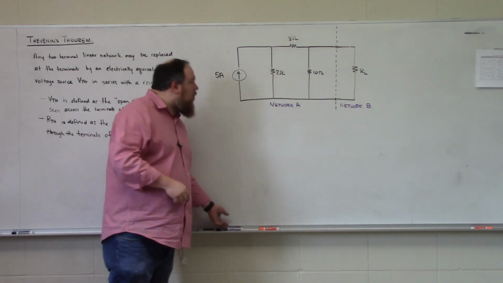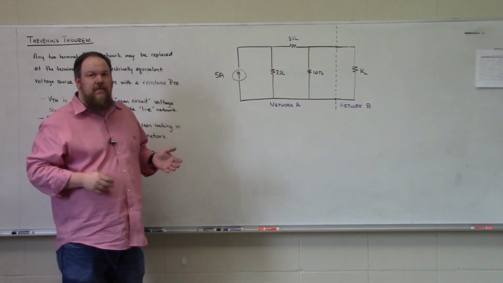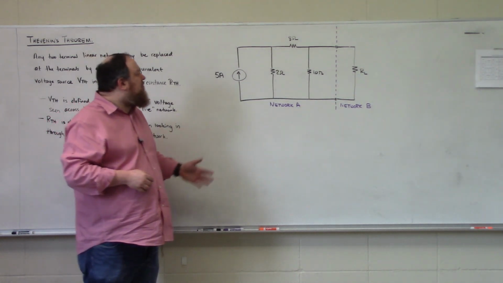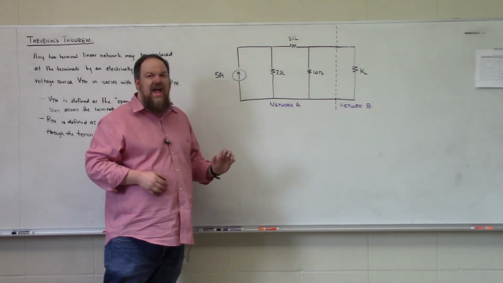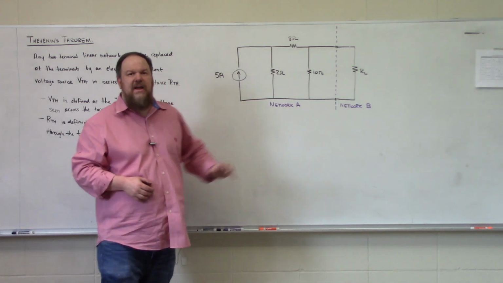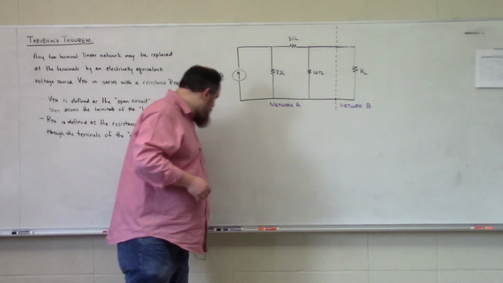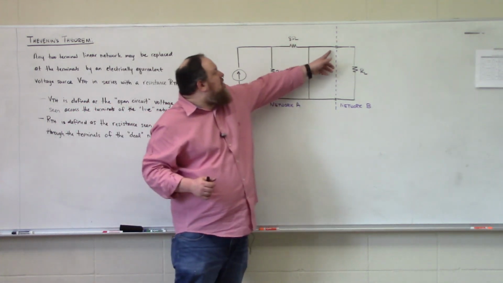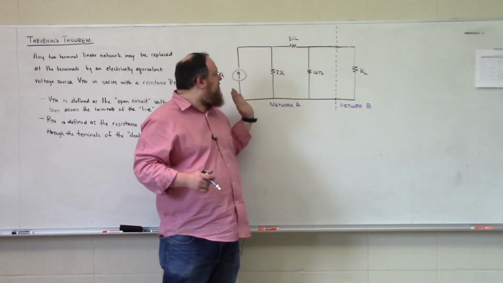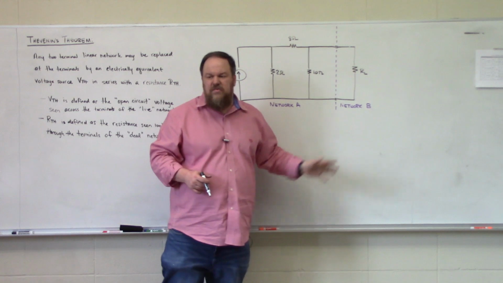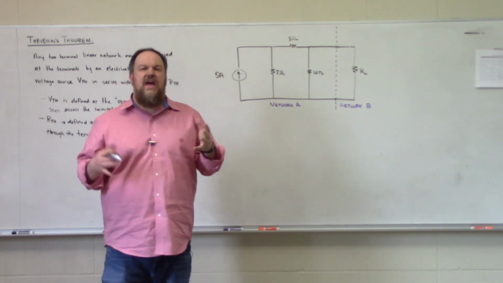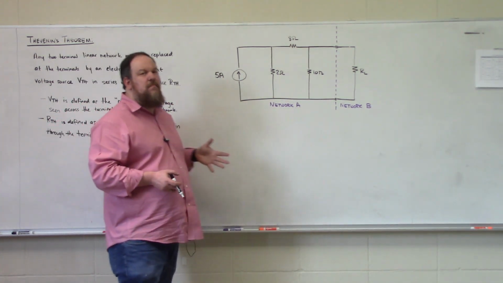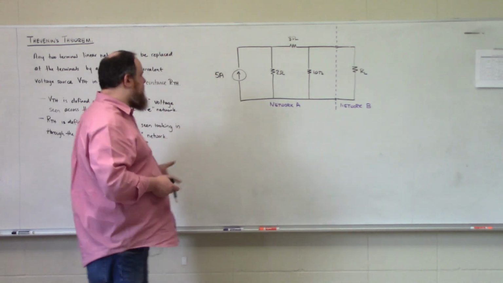So we are going to try to determine the Thevenin equivalent circuit for network A as seen by network B. Okay? So anywhere that we can draw a pair of terminals, we can effectively disconnect network A from network B and vice versa, and that will allow us to compute the Thevenin equivalent circuit.